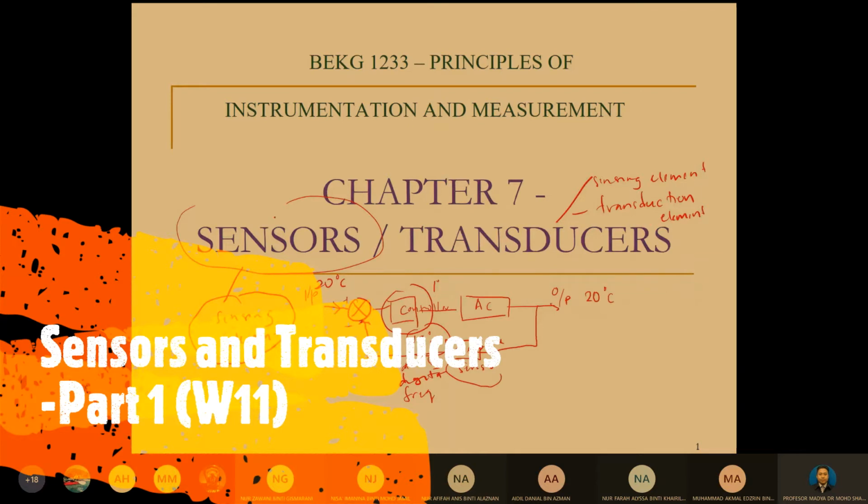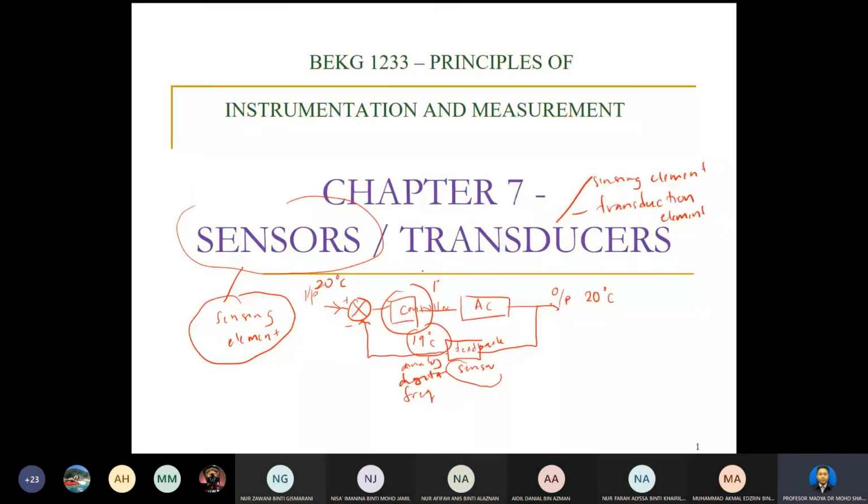That's compared to the sensor. But as I mentioned, most sensors now, because of digital, also include the transduction element. That's why we can call it the sensor, or some books refer to it as the transducer, but both are almost the same. If we focus only on the sensor, it only has the sensing element. If we focus on the transducer, it has a sensing element and another one we call the transduction element.